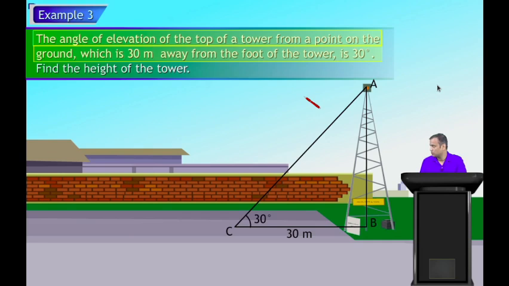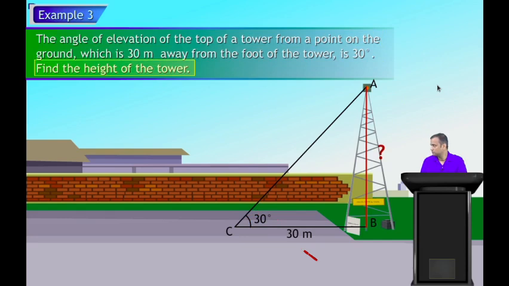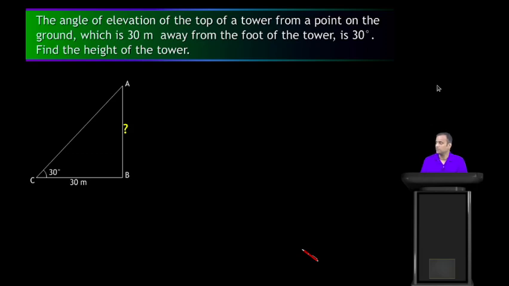Okay, now look here at what we are given and what we have to find. We are given the angle, we are given this side, and we have to find AB. So again, how will we solve this one? This is our figure ABC, where we have to find AB, BC is given to us, and the angle is 30 degree.